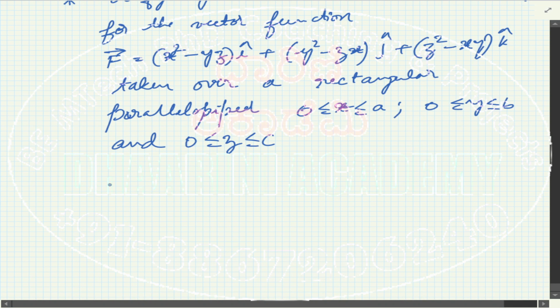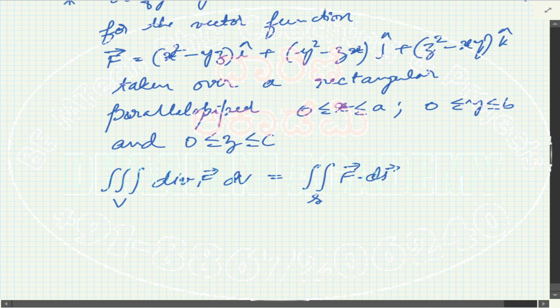I have to prove that the triple integral over a given volume V of divergence of vector f dV should be equal to the double integral over a surface S of vector f dot dS.